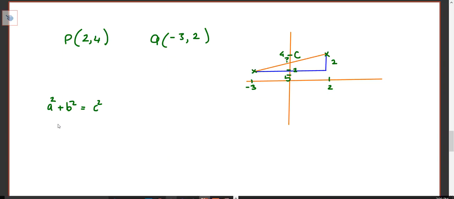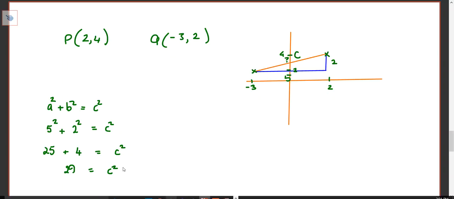So 5 squared plus 2 squared should equal c squared. So 25 plus 4 equals c squared. So 29 is c squared.